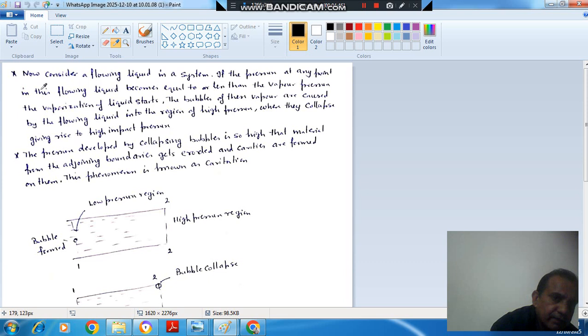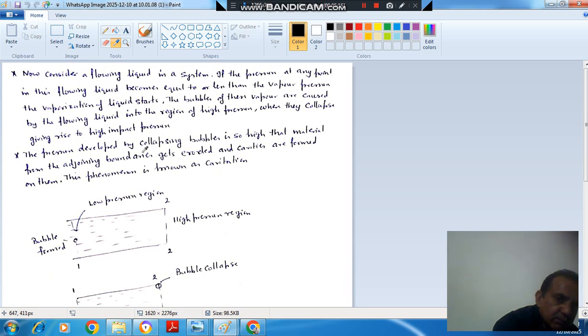Now reading this out: consider a flowing liquid in a system. If the pressure at any point in this flowing liquid becomes equal to or less than the vapor pressure, evaporation of the liquid starts. The bubbles of these vapors are carried by the flowing liquid into the region of high pressure where they collapse, giving rise to high impact pressure.